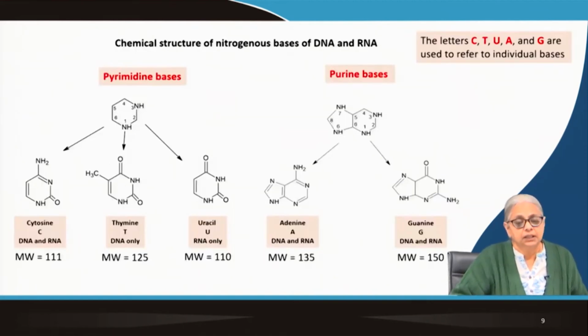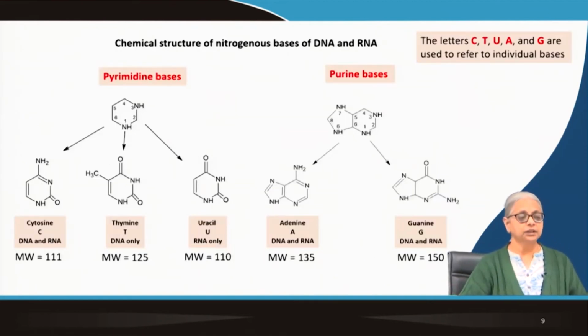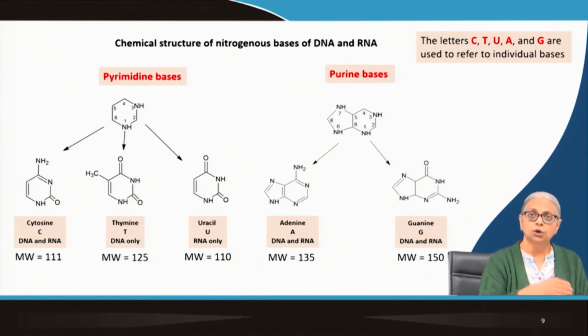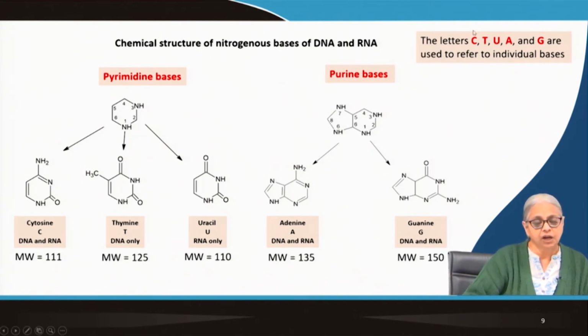Now let's take a quick look at the chemical structure of DNA as well as RNA, because these are the nucleic acids that are the basis of the genetic code and how it is reproduced in subsequent generations of a given species. We have five different nitrogenous bases.